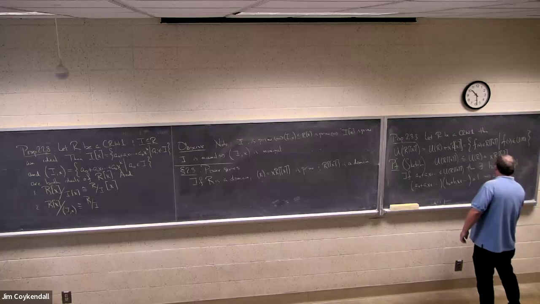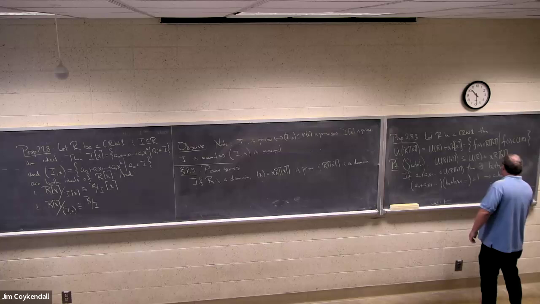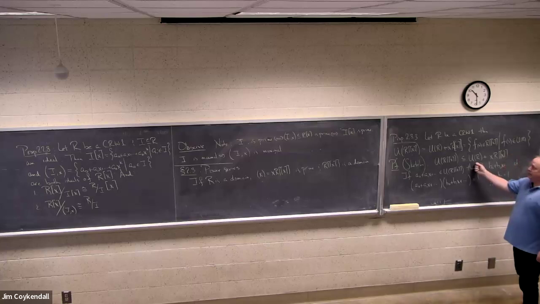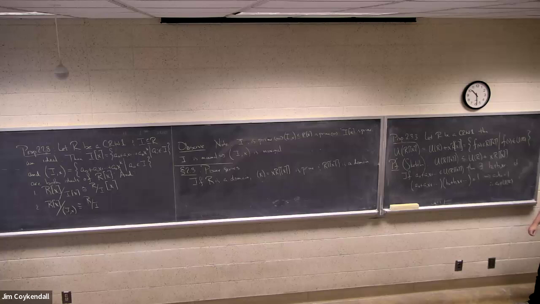Therefore a0 is a unit in R, which is really the only restriction there: the constant term is a unit.